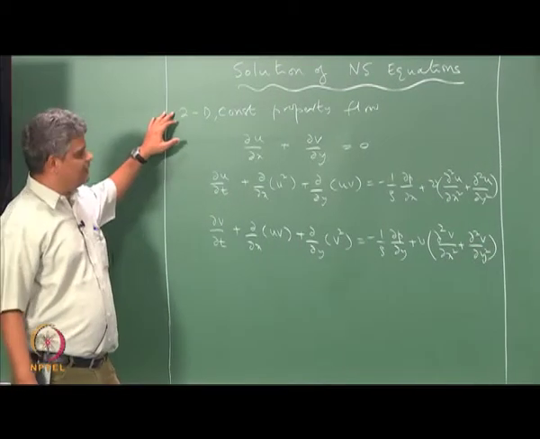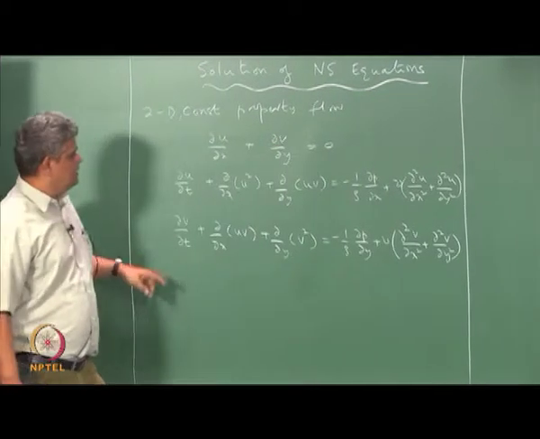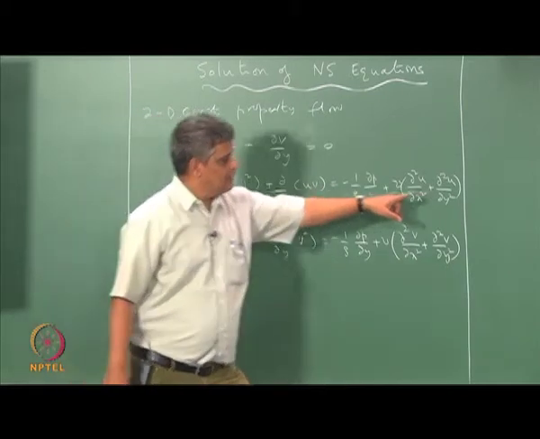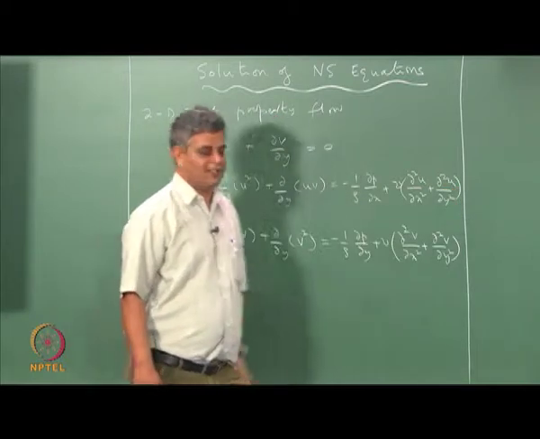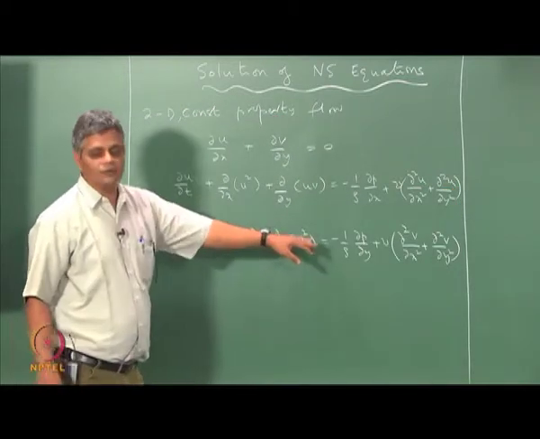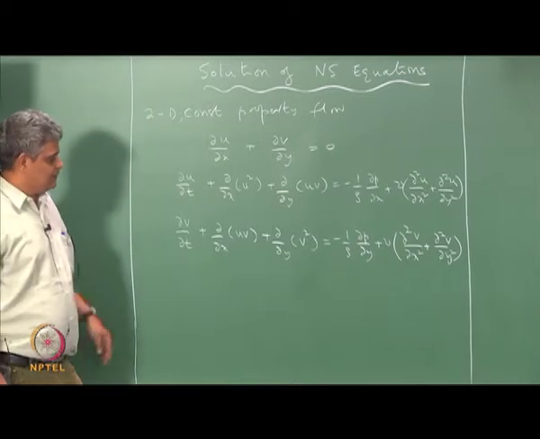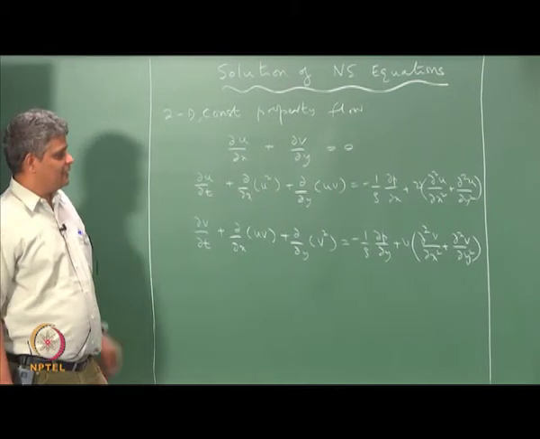If it is a 3D, then we will have one more term here, dou w by dou y, and then we will have one more term here, dou by dou z of uw, and then one more term here, dou square u by dou z square here. Similarly, more terms will appear here, and we will have one more equation representing the conservation of linear momentum in the z direction.